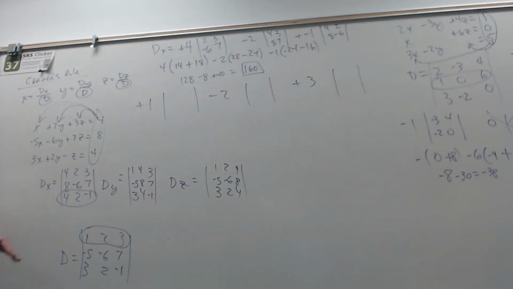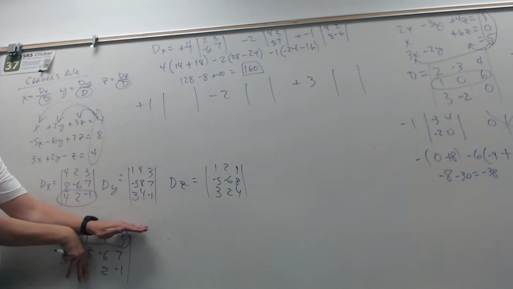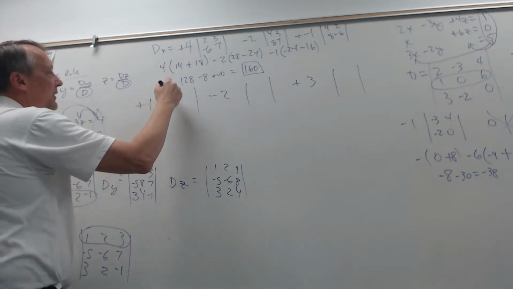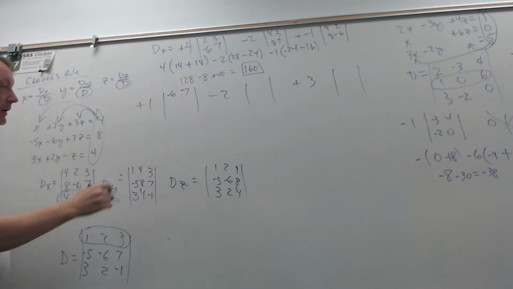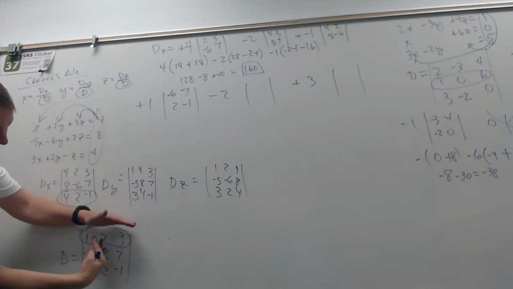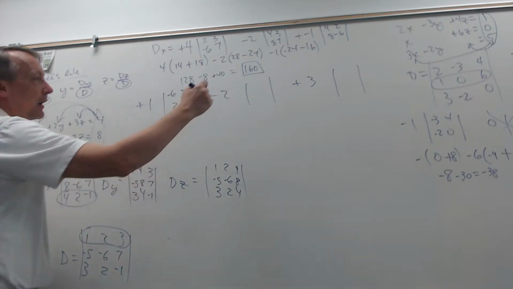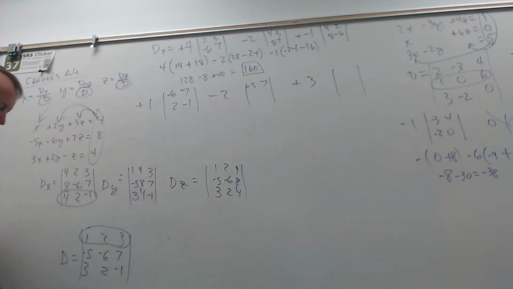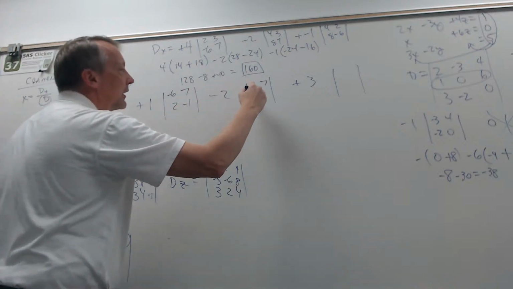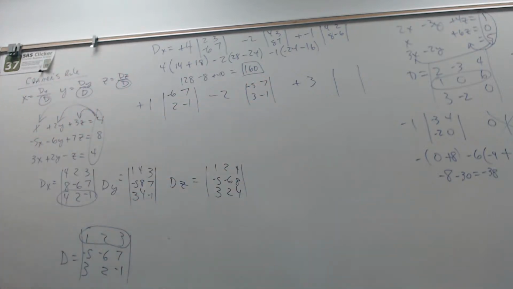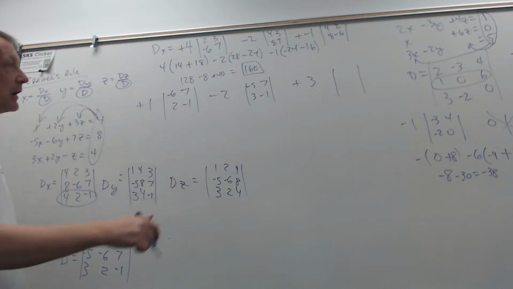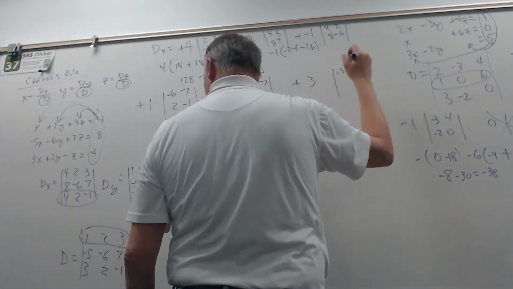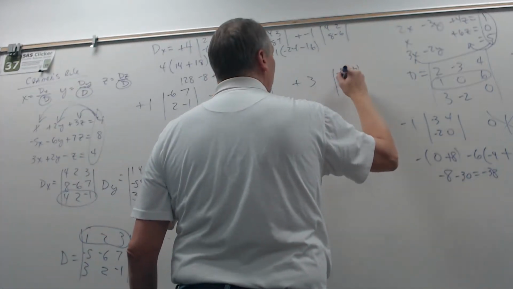Now we're going to block out this and we're left with -6, 7, 2, -1. And then we block out this: -5, 7, 3, -1. And then -5, -6, 3 and 2.